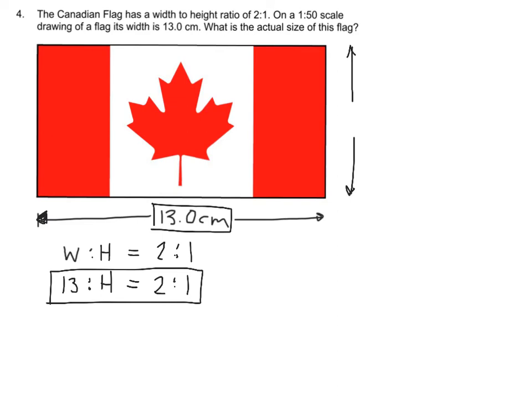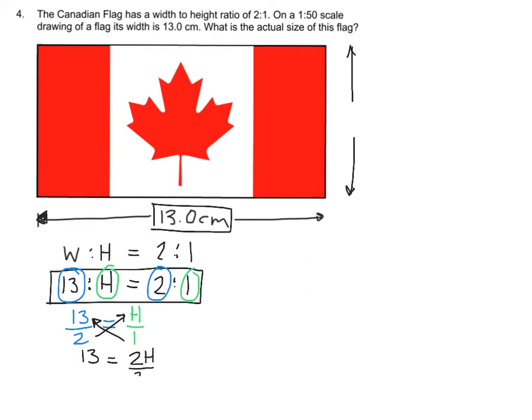So that's what I'm going to figure out. How do I set this up? Well, I'll set this up the same way I always set it up. I will set up the first number over the first number. So I have 13 over 2 is equal to the second number on the left over the second number on the right, h over 1. Now when I cross multiply to figure out that height, I'm going to get 2 times h on the right side, which is 2h, 1 times 13 on the left side, which is 13.